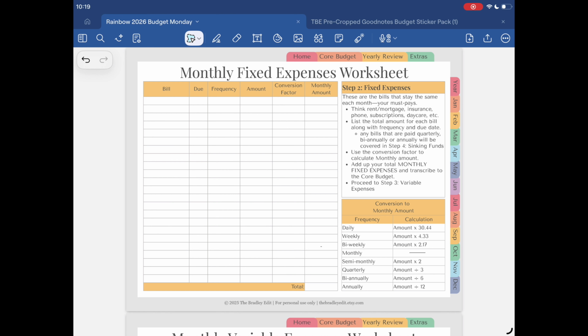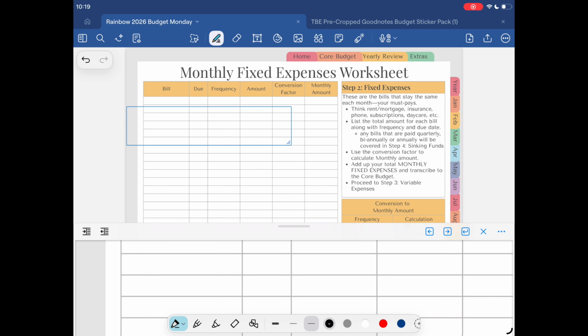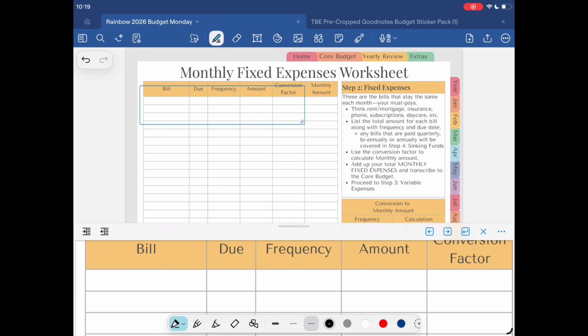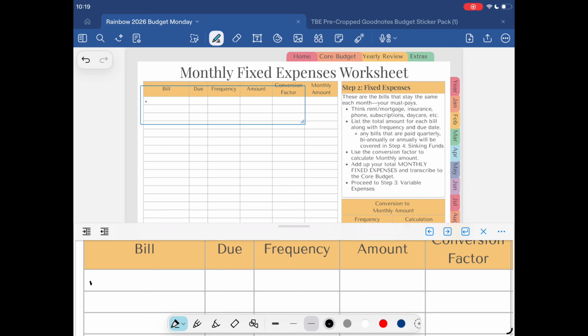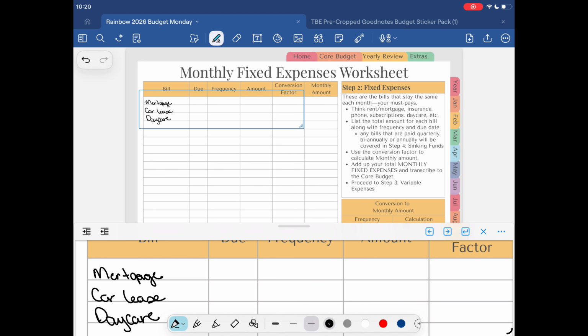So I'm going to start with the 3 bills that we have that are bi-weekly. So again, we'll use the Zoom window. So our mortgage, car lease, and daycare are all bi-weekly.